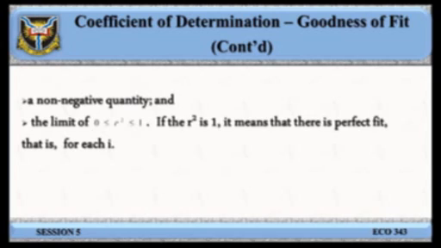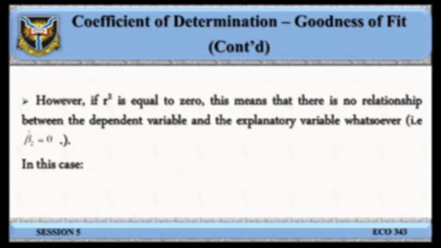If R squared is 1, it means that there is perfect fit. That is, yi estimator is equal to yi for each i. However, if R squared is equal to 0, this means that there is no relationship between the dependent variable and the explanatory variable whatsoever. That is, beta 2 estimator is equal to 0.